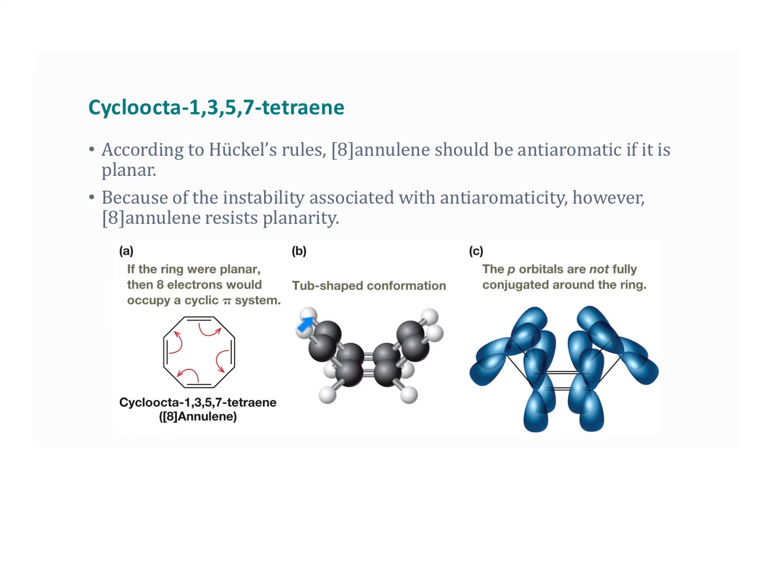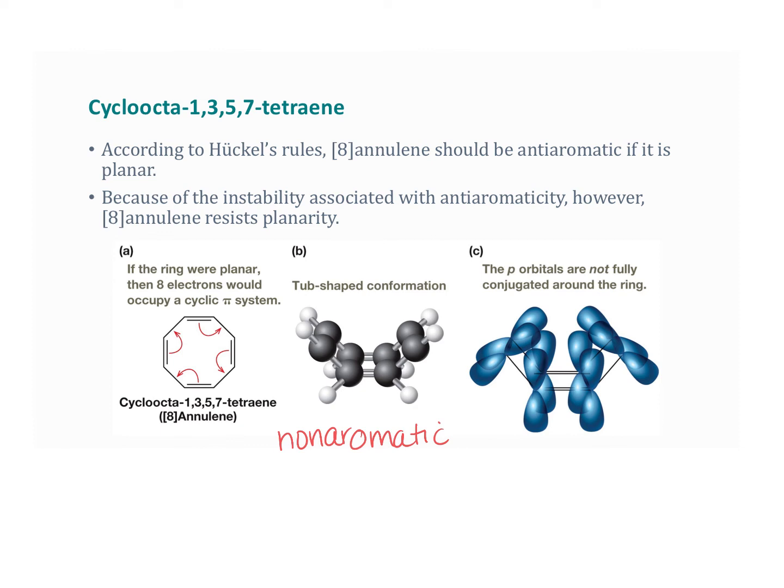It'll form a tub-shaped molecule so that it's not in the anti-aromatic configuration, where the p orbitals aren't all parallel to each other and it's not fully conjugated. And so we then characterize [8]annulene as non-aromatic because it is not planar. It bends out of the plane, which is wild to me.